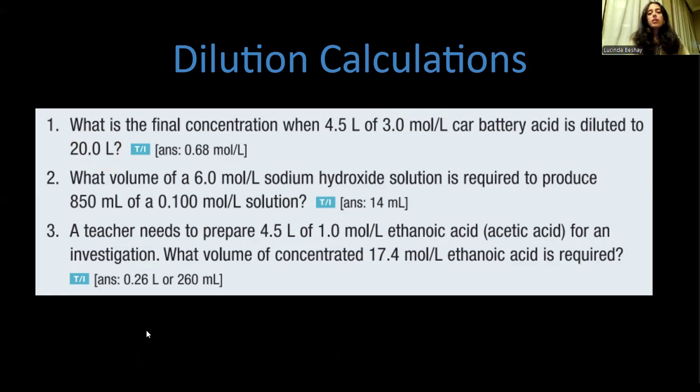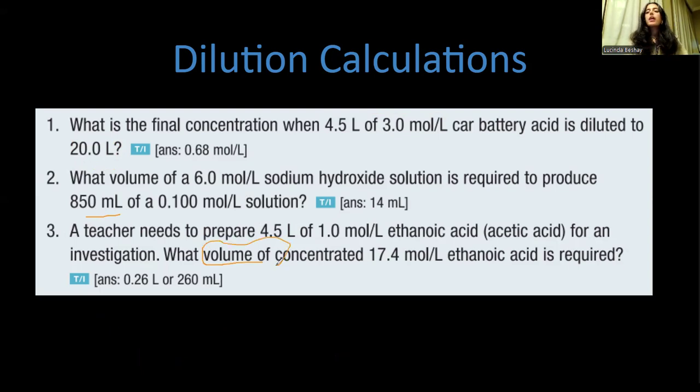The second question is pretty much the same idea, except that you are starting with milliliters, so you just have to convert milliliters to liters. The third one is also pretty much the same, but it's asking us about volume.